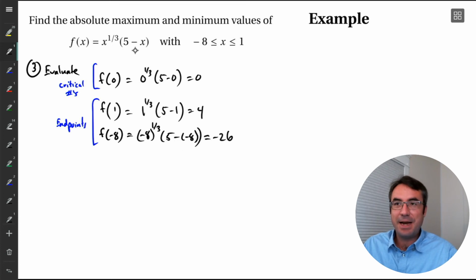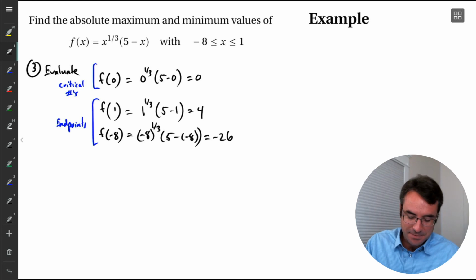So it's 5 minus x, and we're plugging in -8. So it's 5 minus -8, that's positive 13. And then -8 raised to the 1/3 power is -2. So -2 times 13 is -26.